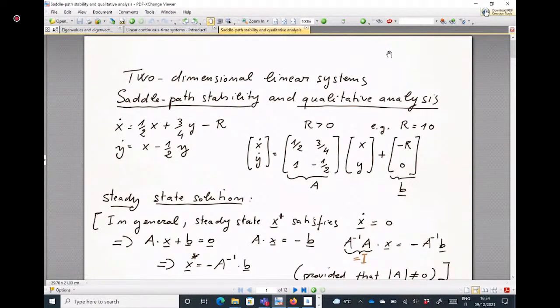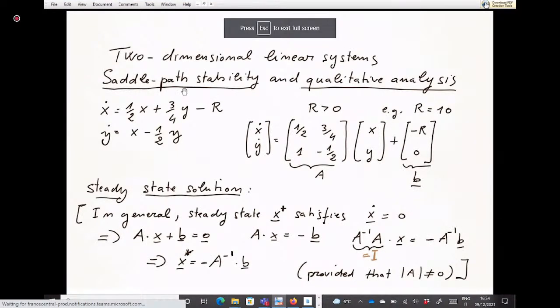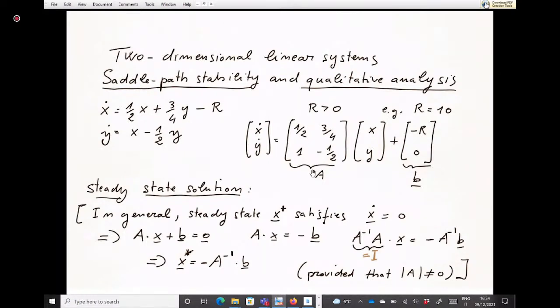Okay, so the next slide is about saddle path stability and qualitative analysis. This one. Now, consider this example. The structure of the coefficients in this coefficient matrix is very typical of many models. We have a first variable, now I don't call them x1, x2, I call them x and y, okay? x of t has a time derivative which is 1/2 x plus 3/4 y.